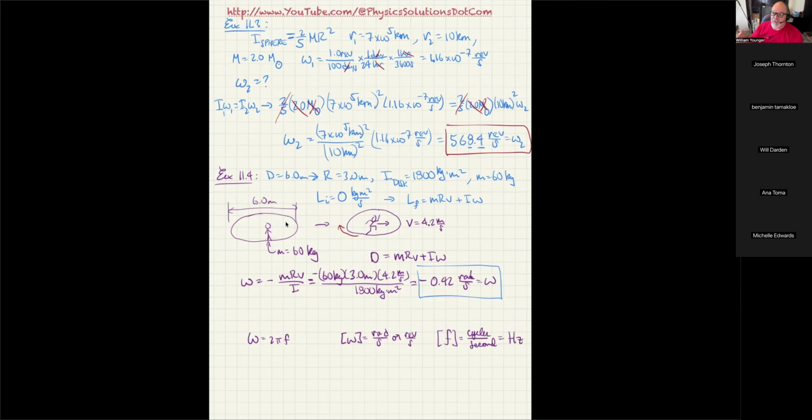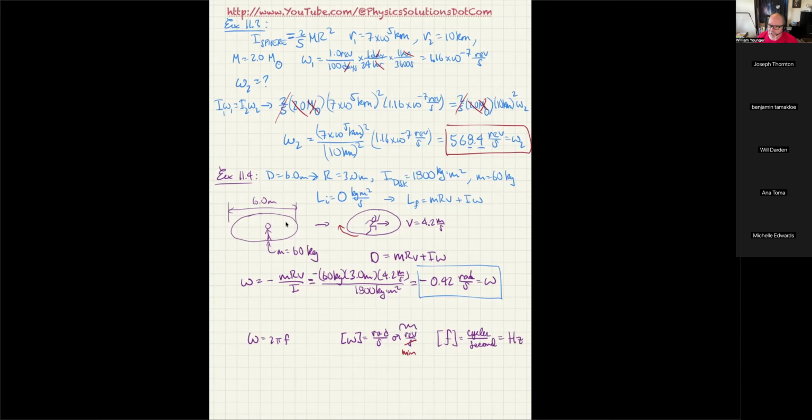So if you're given something in hertz, you know that becomes the frequency. If it's revolutions per second, that's sort of the same thing as hertz. One revolution is the same thing as a cycle. That's why I usually refrain from using that. I would say it's smarter to say not revolutions per second, but revolutions per minute, revolutions per hour, stuff like that.